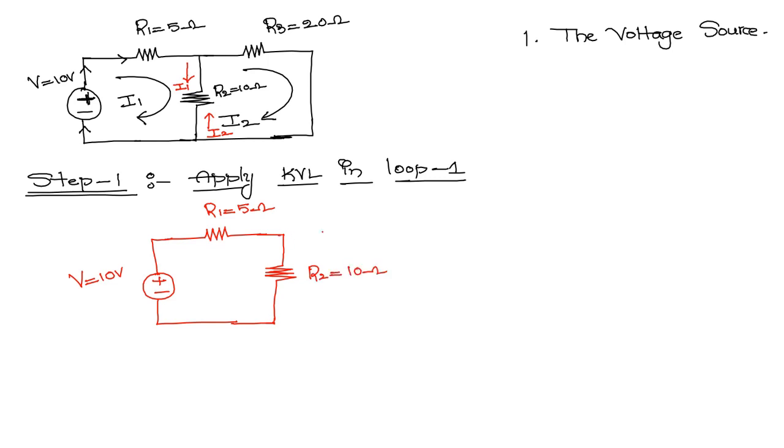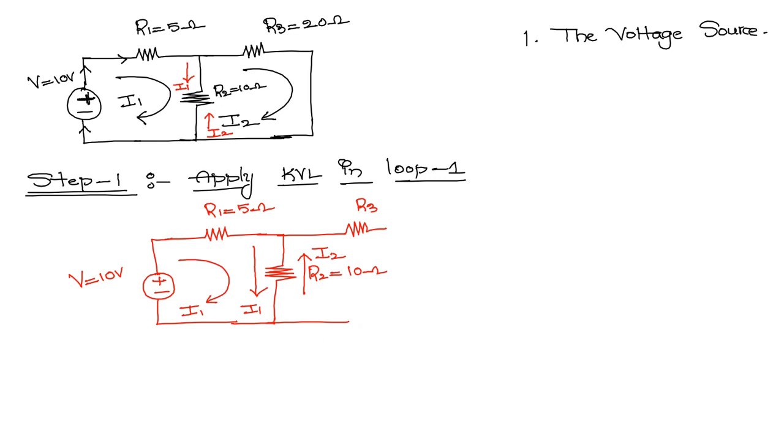R3 is connected, but we require only this particular part. I1 is flowing like this, and the direction of current through R2 is downwards, and here I2 is upwards through R2.